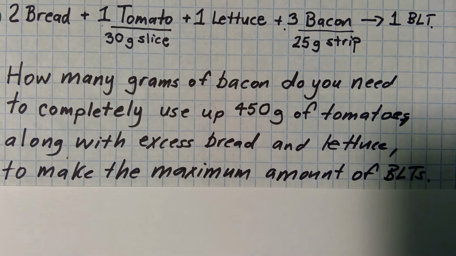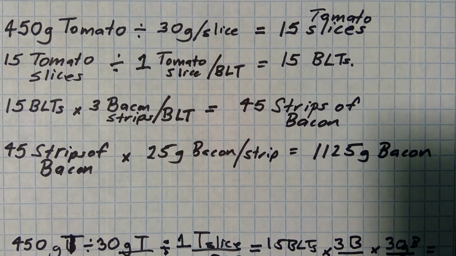One way of solving it was first to go from the grams of tomatoes to figure out how many BLTs you could make. And once you know how many BLTs, then you'd figure out how many grams of bacon. Here are the steps. Well, 450 grams of tomato, and there's 30 grams per slice. So 450 divided by 30 would give you 15 tomato slices. You divide the 15 tomato slices by 1 tomato slice per BLT.